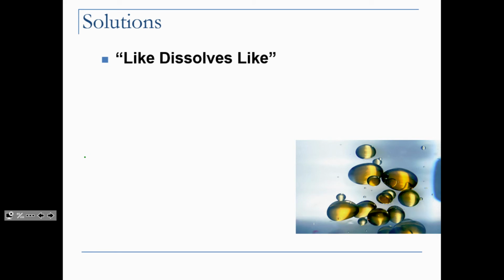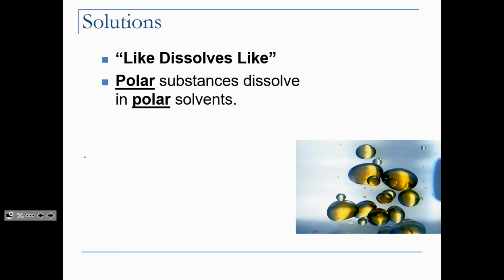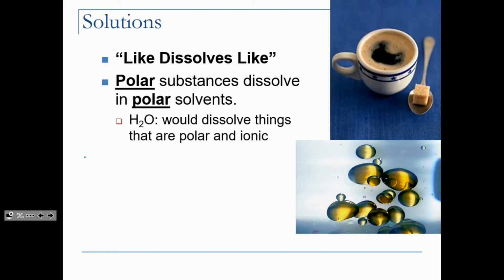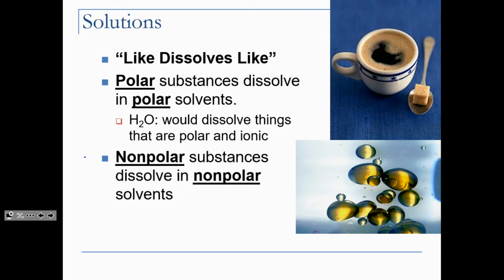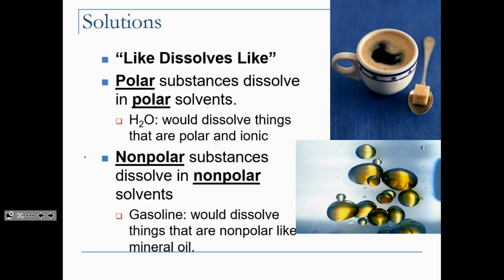When we dissolve compounds in solvents, solutes within solvents, we have a term that we like to say, like dissolves like. Polar substances dissolve in polar solvents. So, for instance, water, because water is polar, would dissolve things that are polar and ionic. Nonpolar substances dissolve in nonpolar solvents. For example, gasoline would dissolve things that are nonpolar because gasoline is nonpolar.